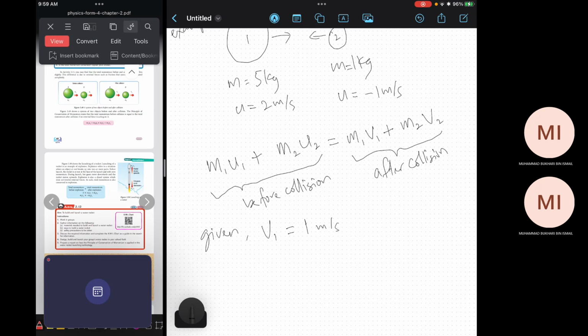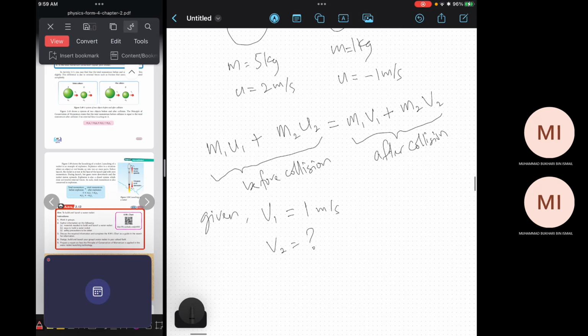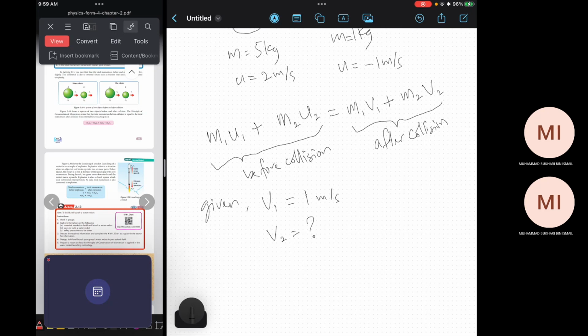Lepas dia berlanggar, dia jadi perlahan lah, betul tak? Logik tak? Okay. So, what is V2? Soalannya. Yang bola, the smaller object, we want to know what is the velocity of the smaller object after the collision. So, macam mana kita nak buat? Masuk dalam formula. Put all the information into the formula.